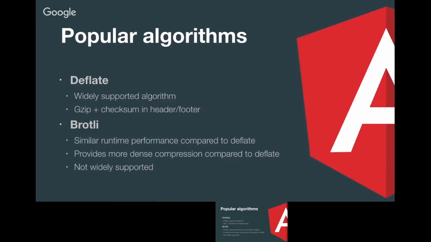Some popular compression algorithms are deflate, which is very widely supported. Most likely you're already using it. We have, of course, also brotli, which has similar runtime performance. However, it usually performs more dense compression, but it is not that widely supported yet. It is supported only by Chrome and Firefox at the moment, I think.